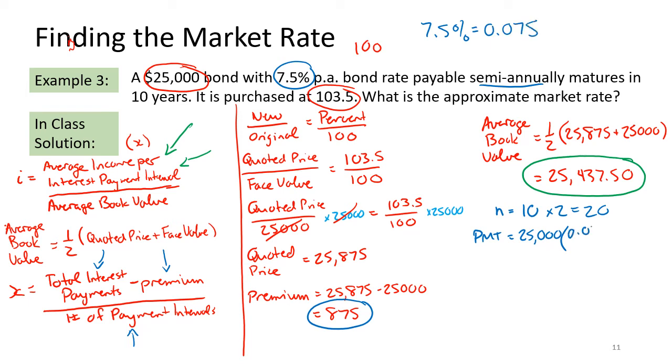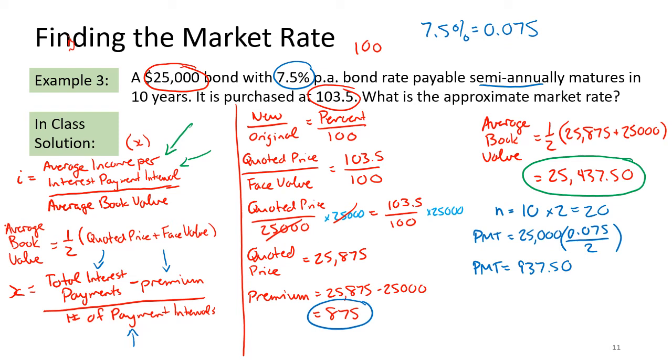So it's 0.075 divided by 2, right? Because the payments are semi-annual. So if you calculate that number out, our payments are equal to $937.50.